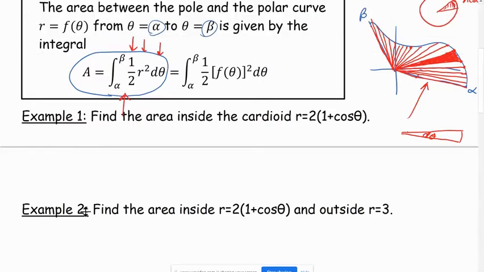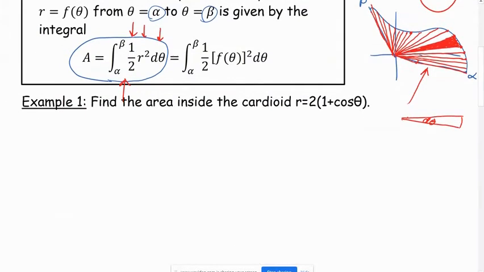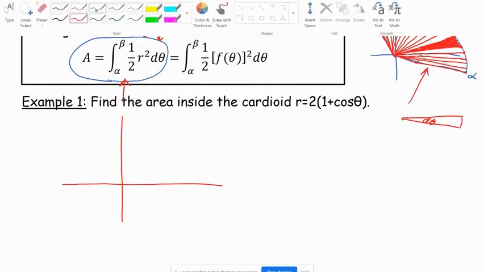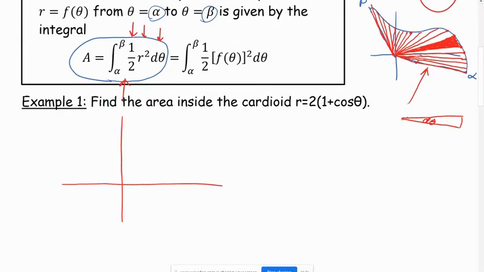So first let's draw a sketch. So the graph of the cardioid, if we plug in 0 radians for cosine, cosine of 0 is 1, so we get 1 plus 1 is 2, times 2 is 4.